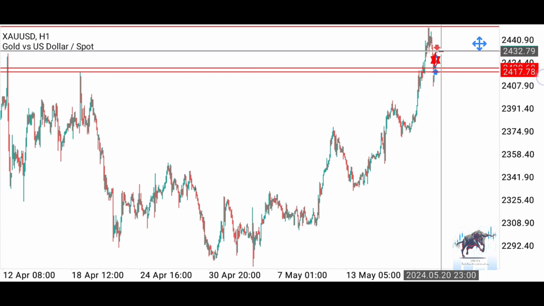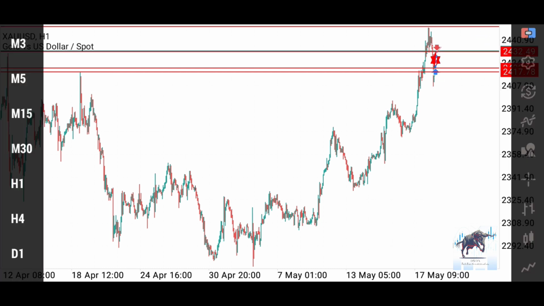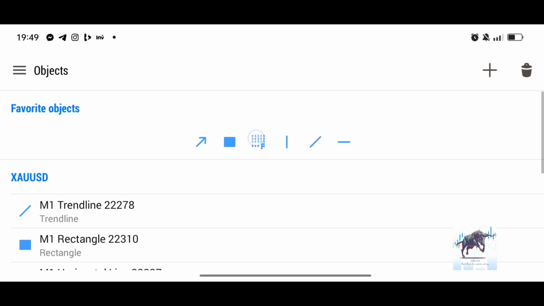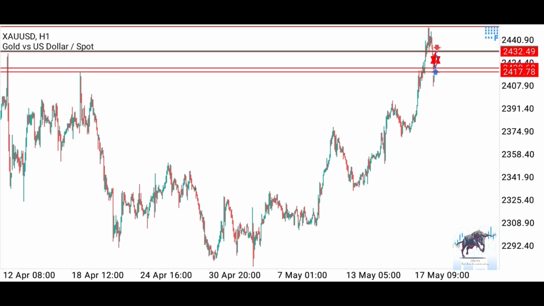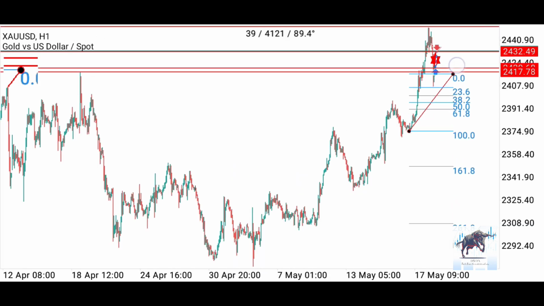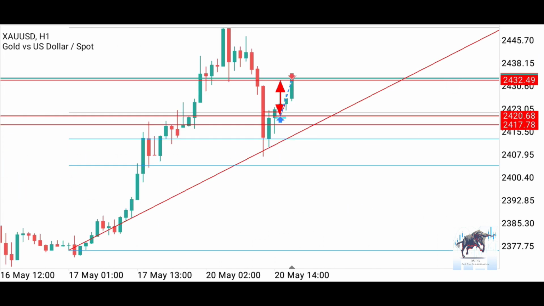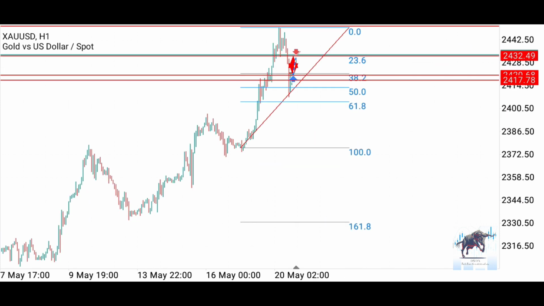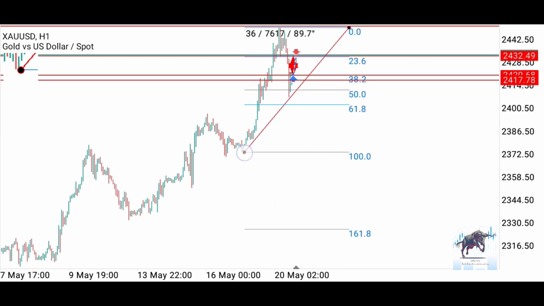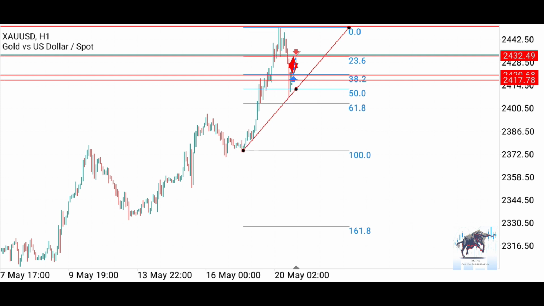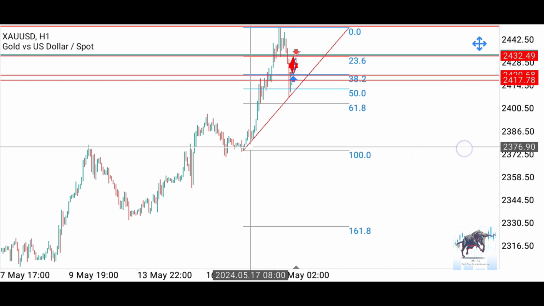So let me go in and pull the Fibonacci retracement tool. We're going to be measuring from this low to this high right there. Let me try to make it a bit clearer.